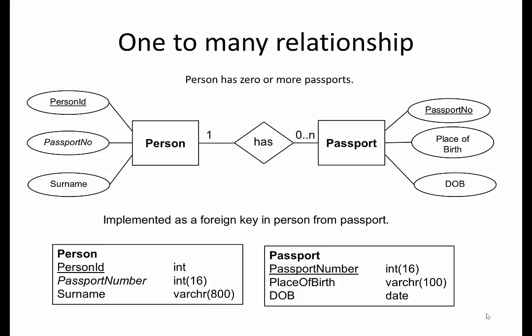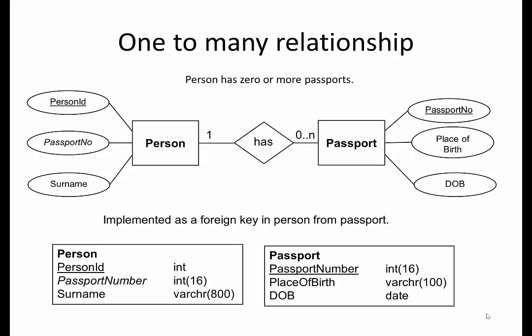So if we have a situation like that, it's dead simple: a one-to-one relationship is just implemented as a foreign key in the person, on the one side of the relationship. So we have a foreign key for passport number.